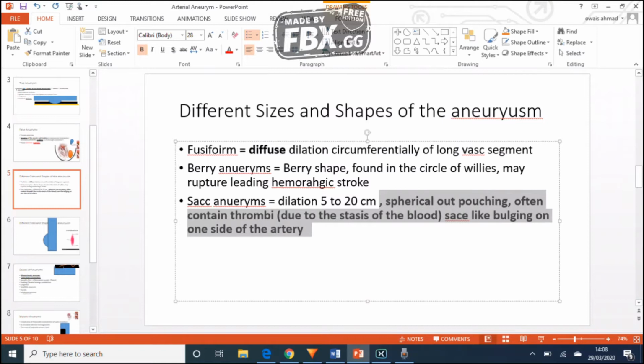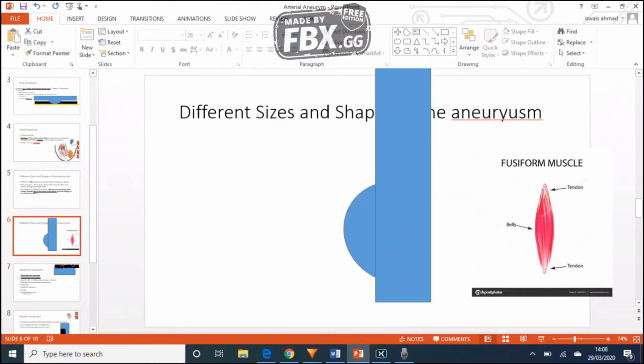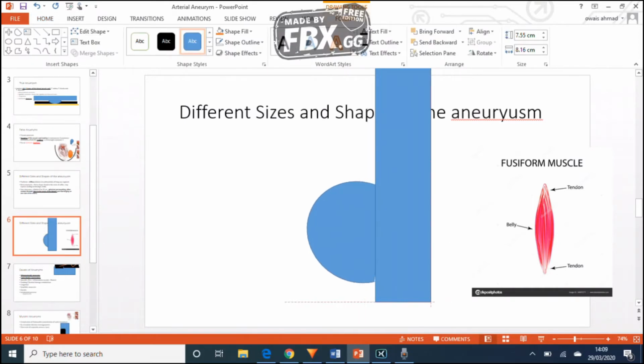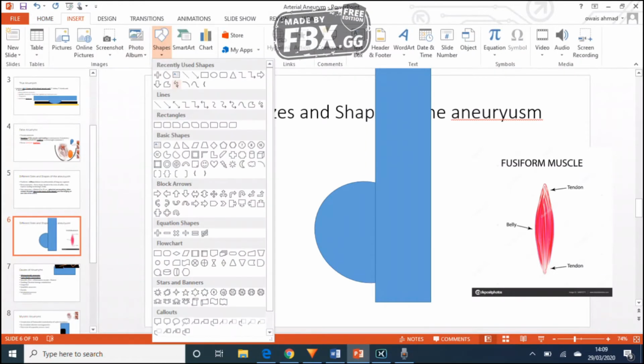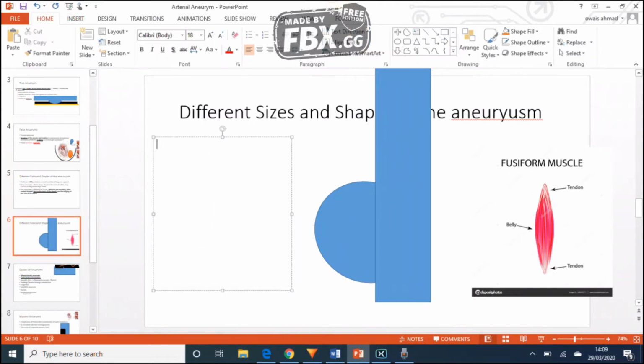Another important thing is stasis of the blood. So when the blood is flowing here, it can basically stop here because this is going to be such a big outpouching and bulging. So the blood can basically stay here for a while. In a way, this can lead to thrombi. First of all, what are the three reasons of hypercoagulability? There can be a lot of thrombi.